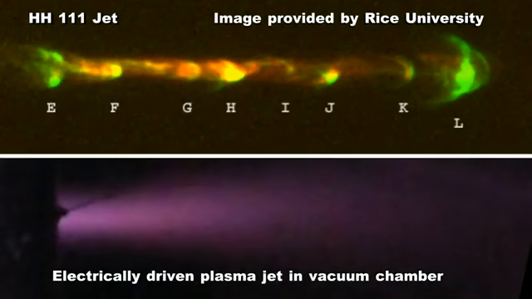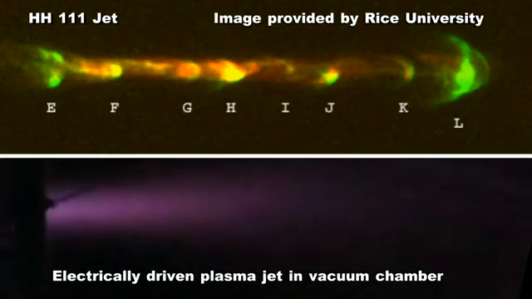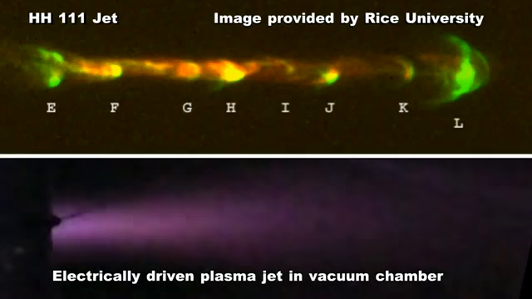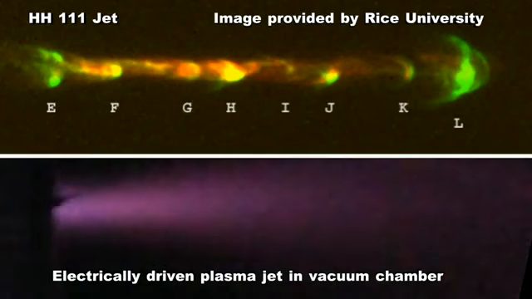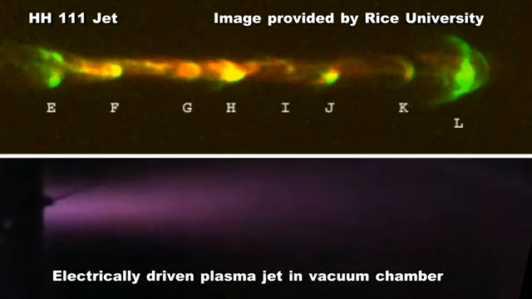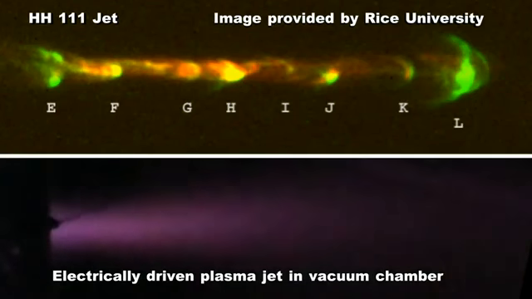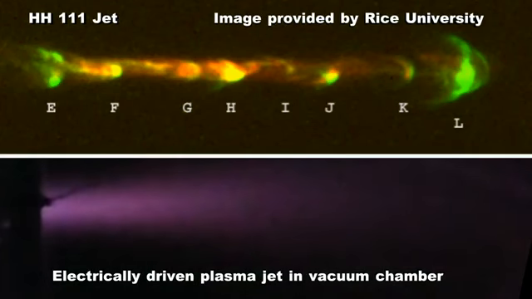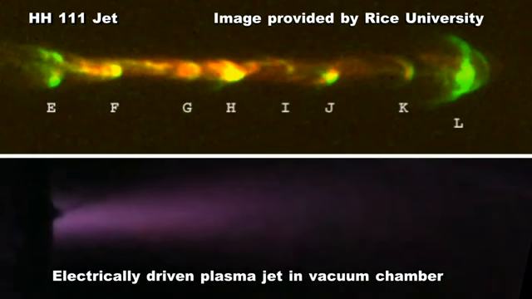The externally electrically driven plasma jet, as shown in the lower image, is very steady and it fades gradually, whereas the jet of HH111 has dramatic pulse formations and a sudden cutoff at the tip. The structure we see in the jet of HH111 does not fit with what would be found in an externally electrically driven plasma jet. So I must conclude that the jet of HH111 is not externally electrically driven.